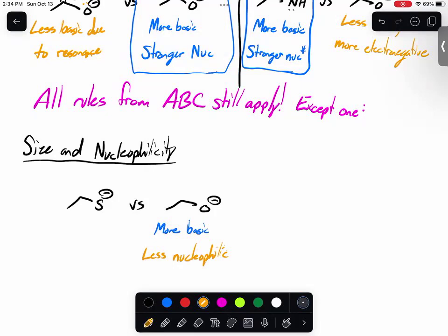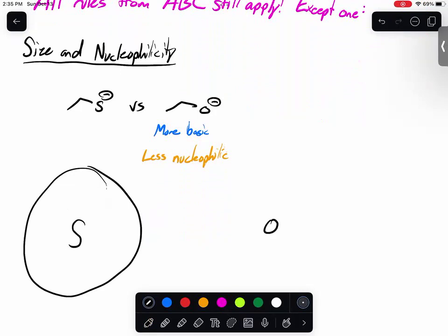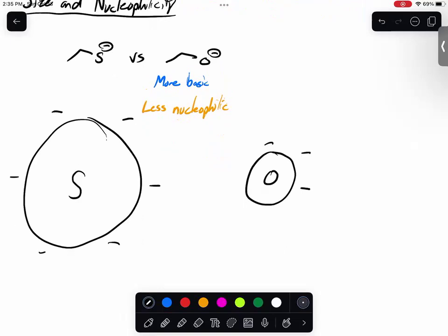So why is that? Well, it has to do with the idea of the size changing how the atom holds electrons. Because remember last time when we talked about size, we essentially just used it as a platform to say, oh, sulfur versus oxygen. The oxygen has the negative charges much closer, and so there's a lot of electron repulsion, right? So there's more electron repulsion from charge.